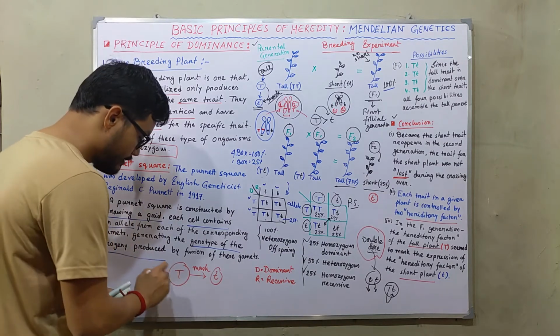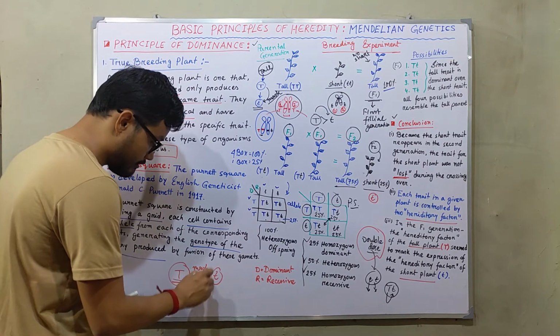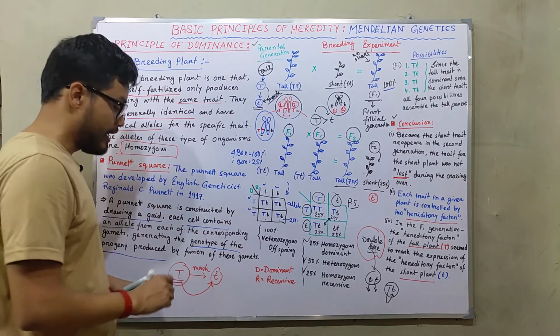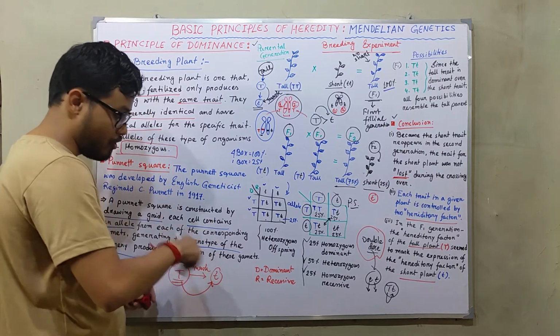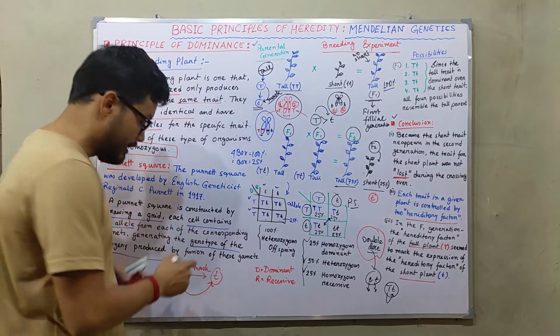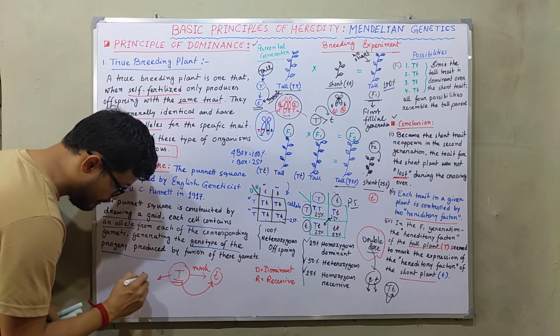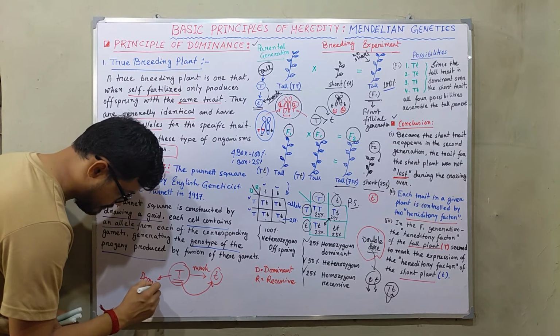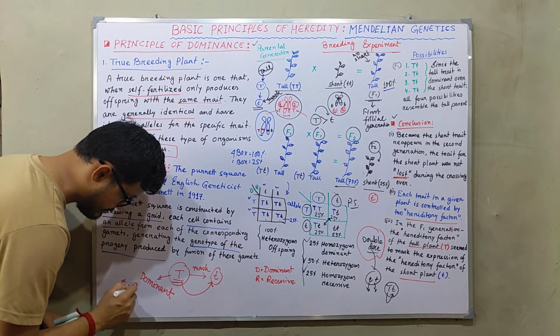So whenever capital T is present, capital T dominates over small t, ultimately masks the expression of small t, and expresses itself. So capital T in this case is dominant and small t is recessive.